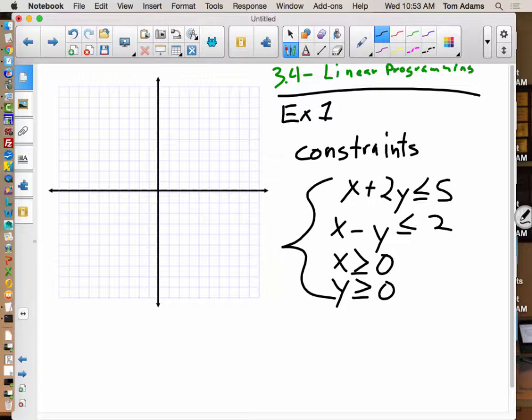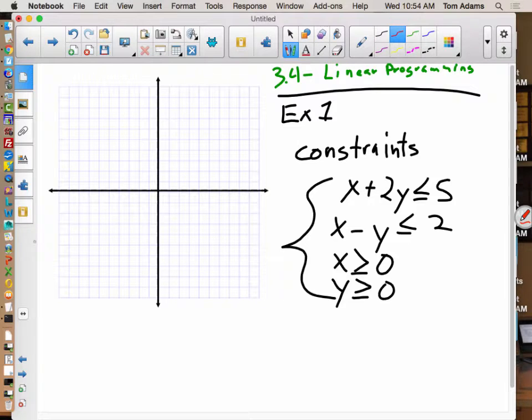Another could be the cost of labor. Another could be a function that represents how much profit I'll make from one store. You could go on and on, and you'll have a bunch of shapes, and then all of those parameters have to fit in what we call a feasible region.